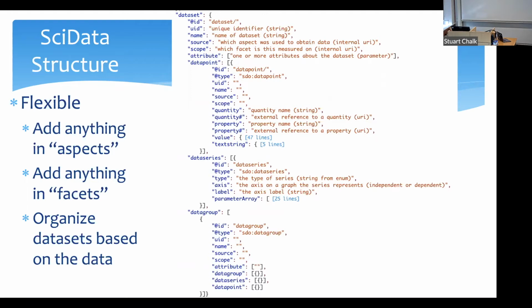And under data group, the data point section just points to the data points that are defined in this document. So this is an internal reference. We could also make it an external reference, but the whole area of trying to link JSON-LD documents together is one that we really haven't gone down the path of yet, because it's complicated enough as it is here.